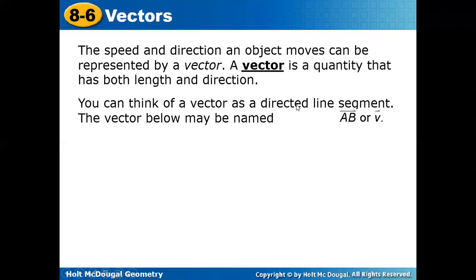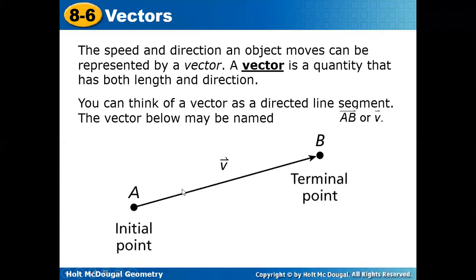What is the meaning of directed line segment? It's a line segment. We know its start point or initial point and its terminal point. So it's a line segment that has direction. So this is a directed line segment.